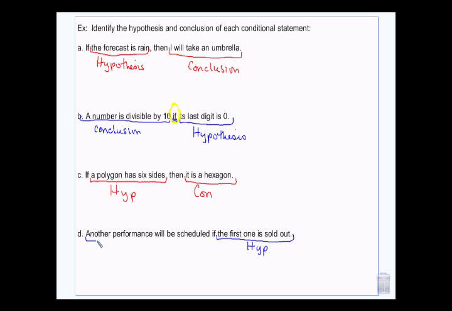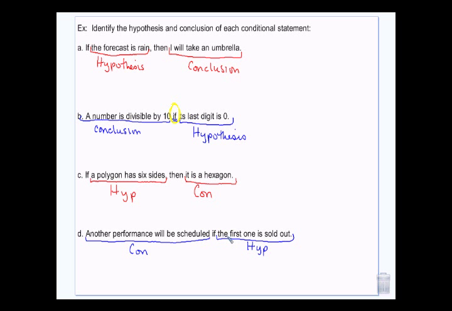And then conclusion. Now, if we were to rewrite the hypothesis and conclusion, we wouldn't write the first performance is sold out. We would write, if the first performance is sold out, to make it make sense, right?